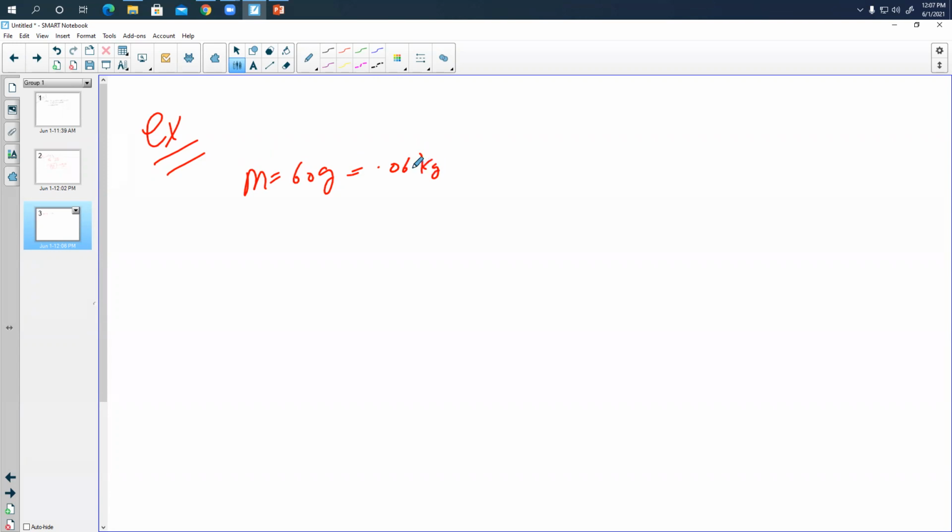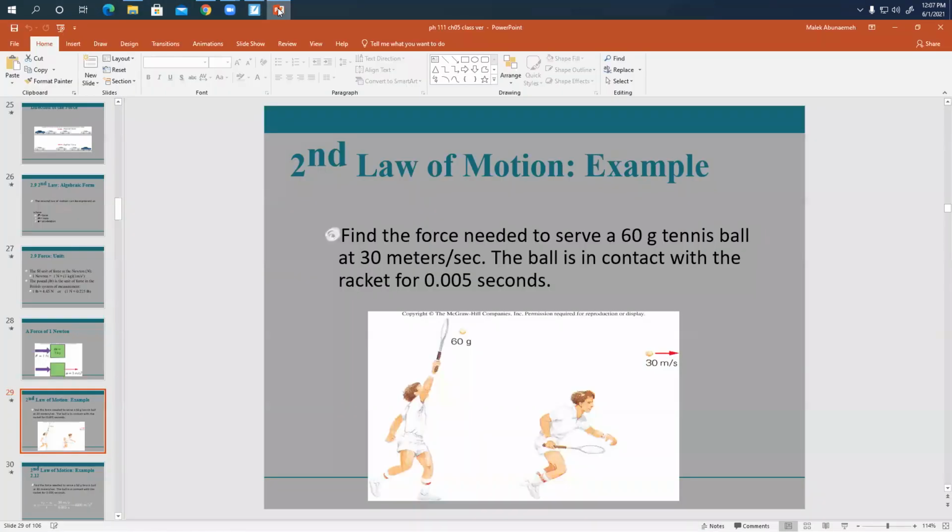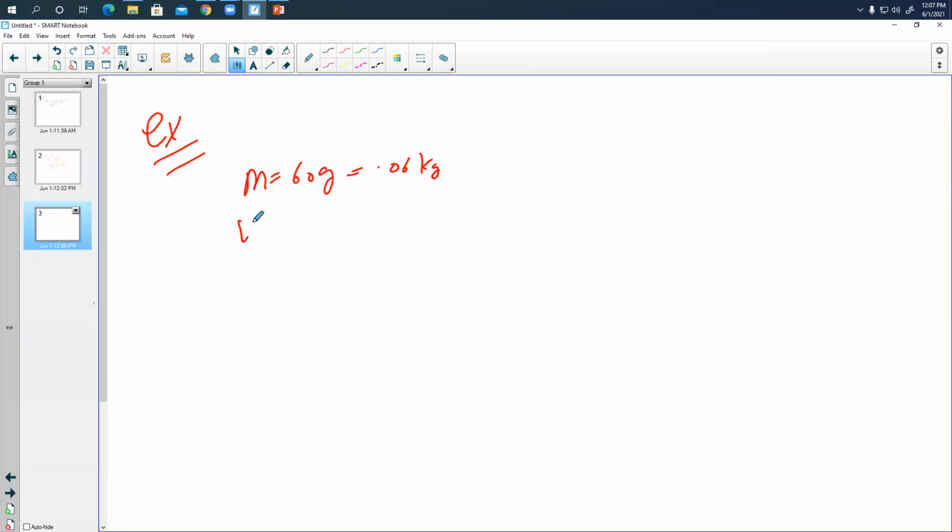What else do you have in the question? The tennis ball is going at 30 meters per second, so that's your final velocity, which is 30 meters per second. That means your initial velocity is 0 meters per second, and your time was 0.005 seconds. And you need to find your force.